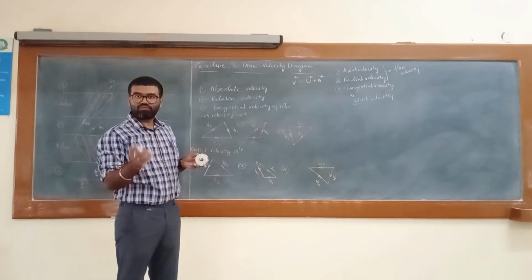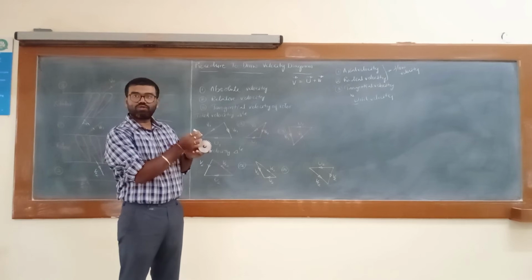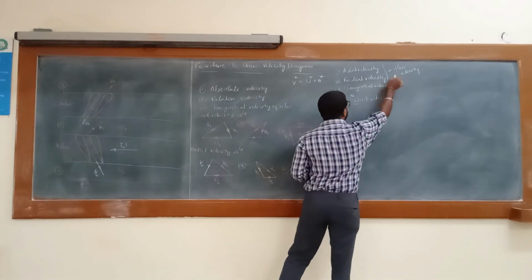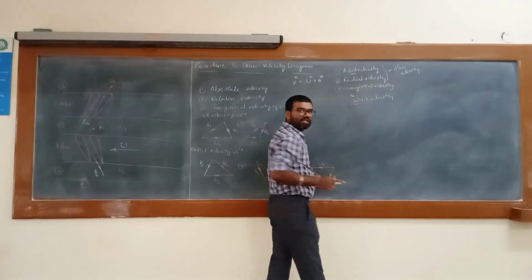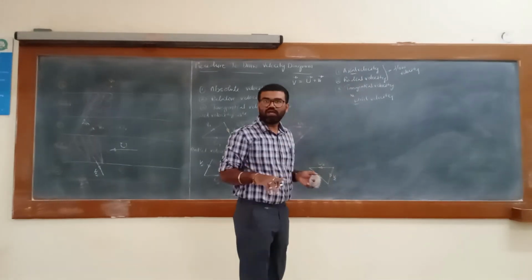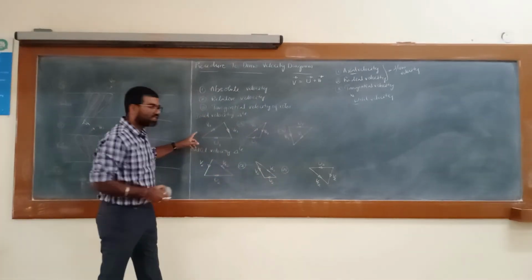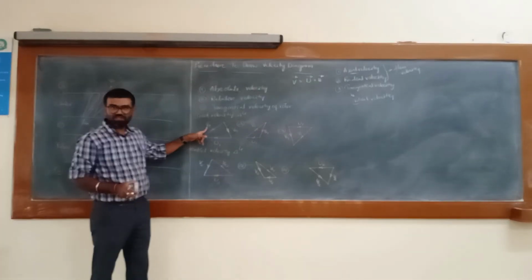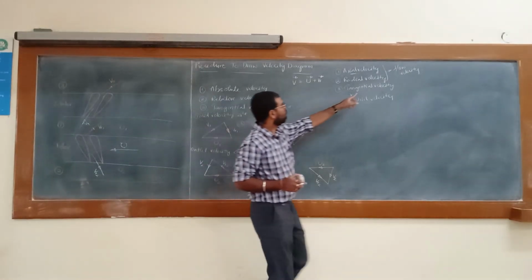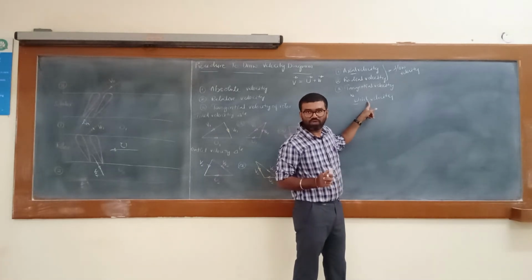Whichever velocity component carries the flow from inlet to outlet is known as flow velocity, that is the axial velocity component in axial flow machines and radial velocity component in radial flow machines. Now we have to resolve this absolute velocity into two components: flow velocity component and wave velocity component.